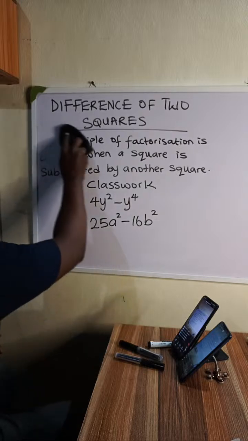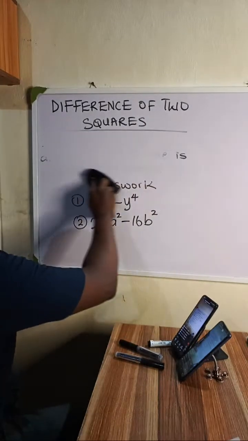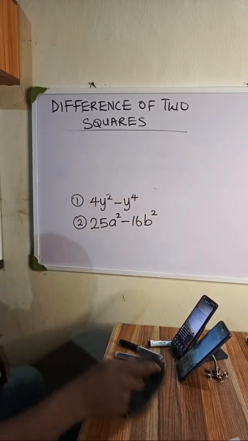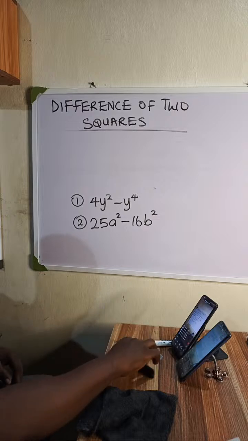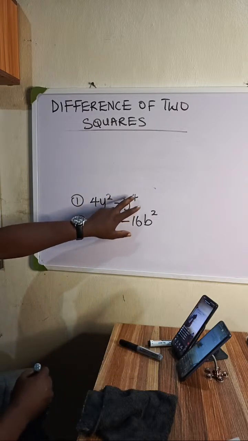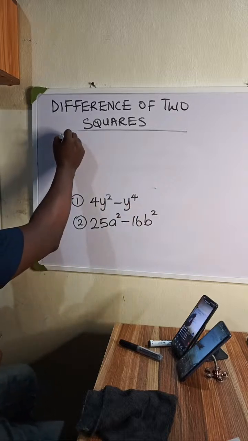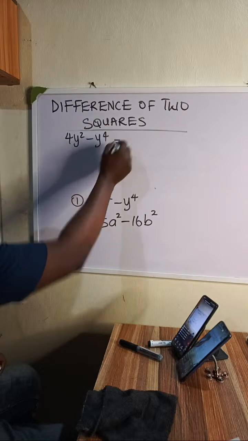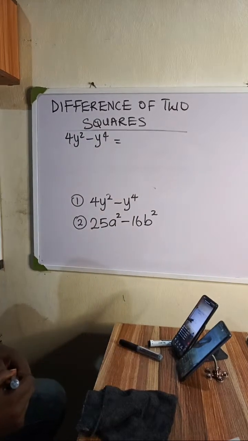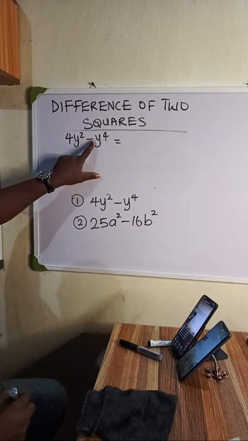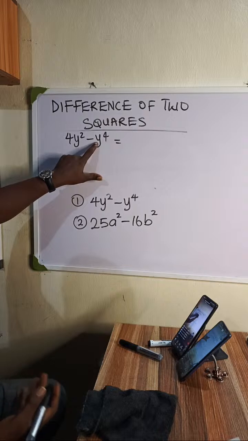Let me wipe this off. Okay, so we have 4y squared minus y to the power of 4. The first thing we do, we factorize. We look at what is common. Here we have 4. The number here is 1, because there's no number, we know that it is actually 1.